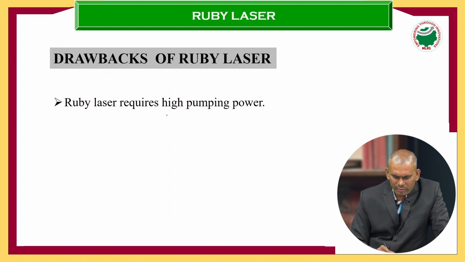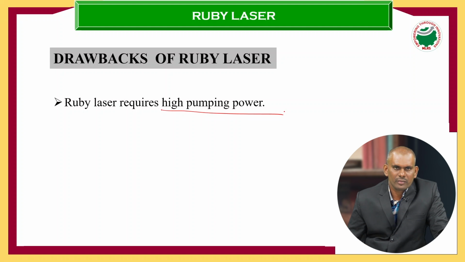The ruby laser requires high pumping power. To excite the chromium particles from the lower energy level to the higher energy level, we must apply high pumping power, by optical pumping. Much optical pumping is required to pump the atoms from lower energy levels to higher energy levels in the ruby laser.